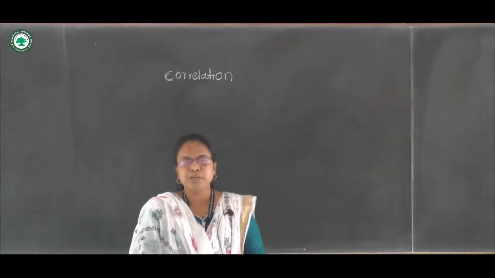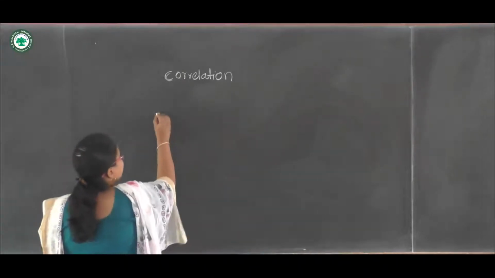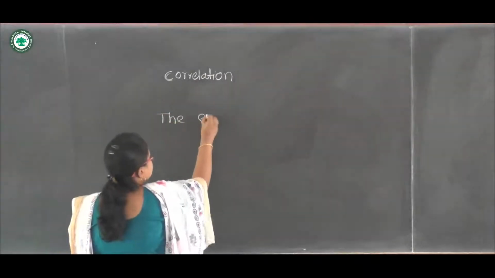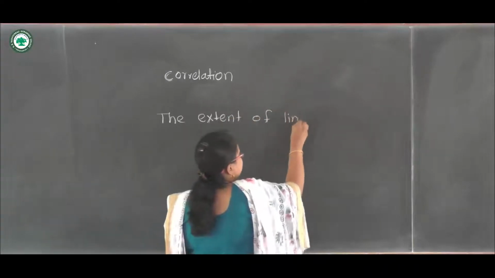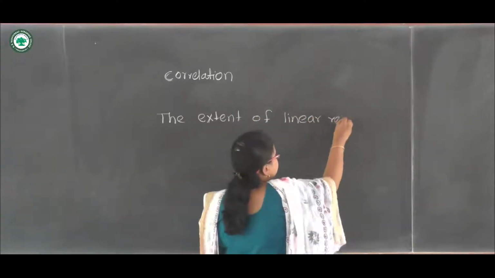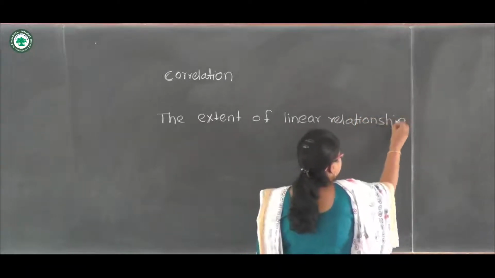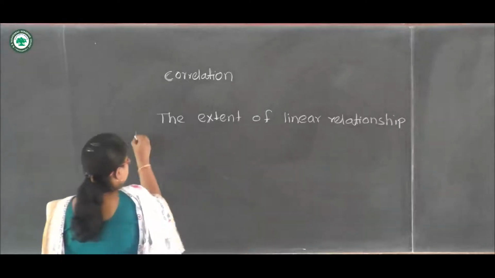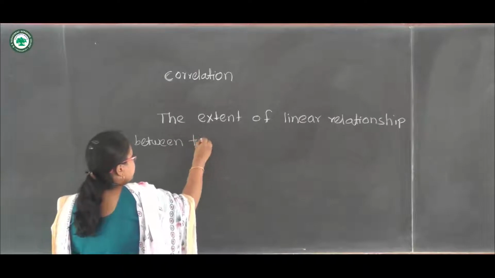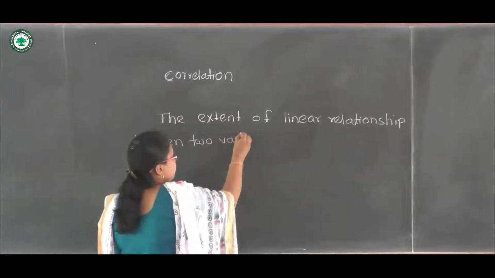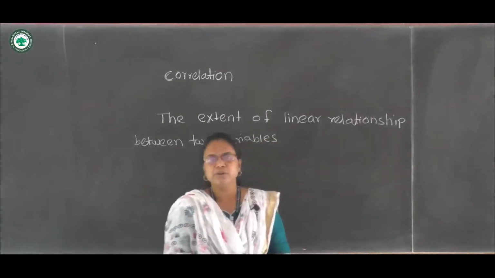So the concept correlation is used, and the definition is: correlation is the extent of linear relationship between two variables. So this is the definition of correlation.